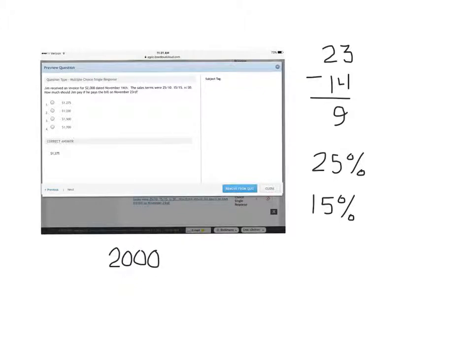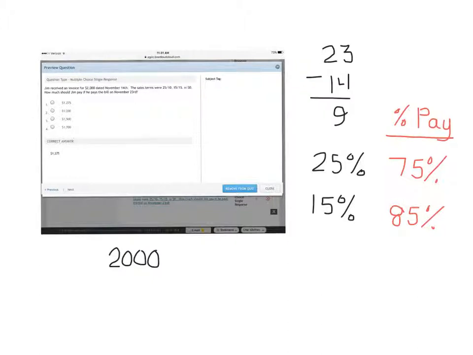To find what 25% of that is, we could multiply by 25%, or we could consider the fact that if he's receiving a discount of 25%, that means he's paying 75% of the invoice. The same can be said of the 15% discount. If he's receiving a 15% discount, that means he's paying 100 minus 15%, which is 85% of the amount.